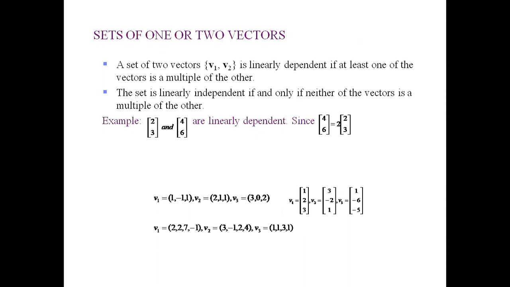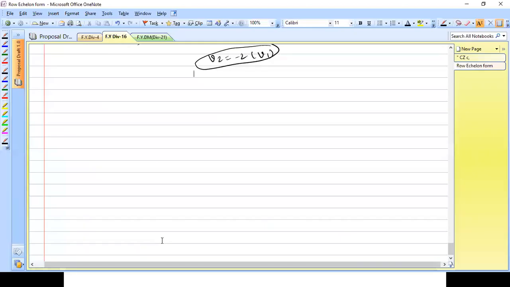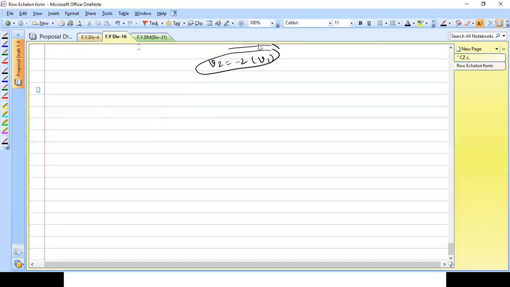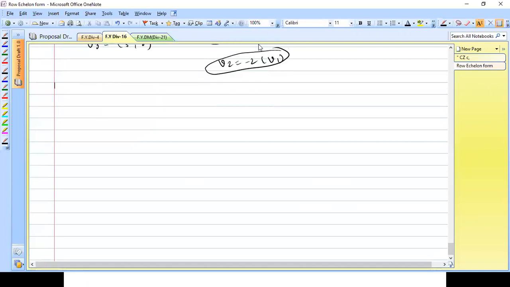In the PPT, we have all the theoretical part. So write down one example. Check whether the given vectors are dependent or independent. Write down.